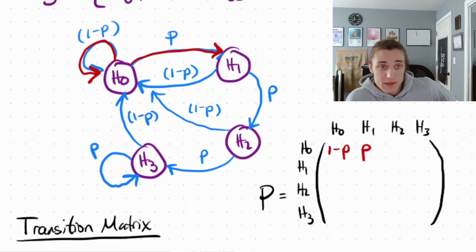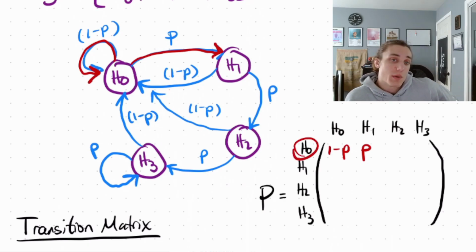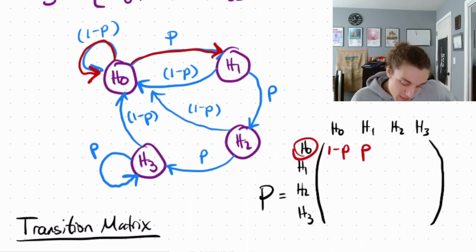But nevertheless, we can also look at the diagram. Where else can H0 go? Can H0 go anywhere? It can't go anywhere else. It has to go either to itself or H1. So that means the rest of these also have to be 0.